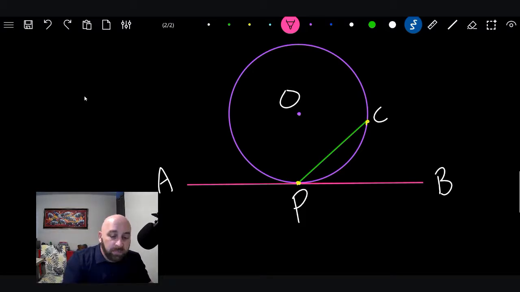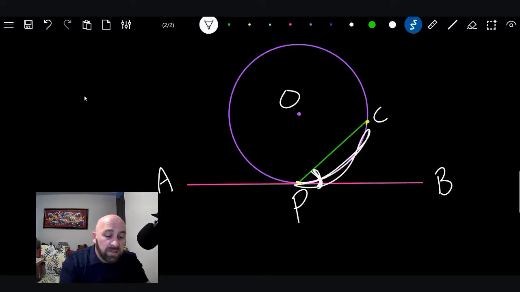So this intercepted arc, that's the arc it's intercepting because there's the angle. If we know the measurement of that arc, or if we can figure out the measurement of that arc, then we can figure out that angle right here. So let me switch colors here. This is what we're going for, this arc right here. How do we know that? We look at this chord right here.